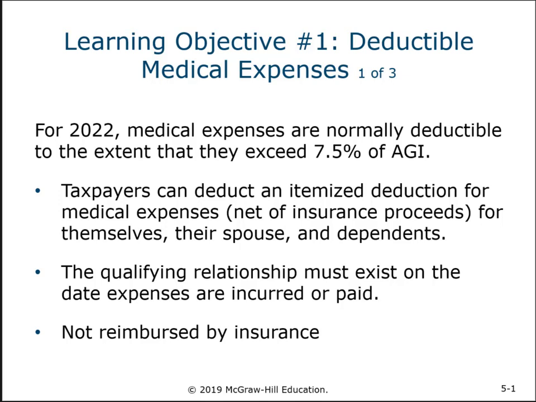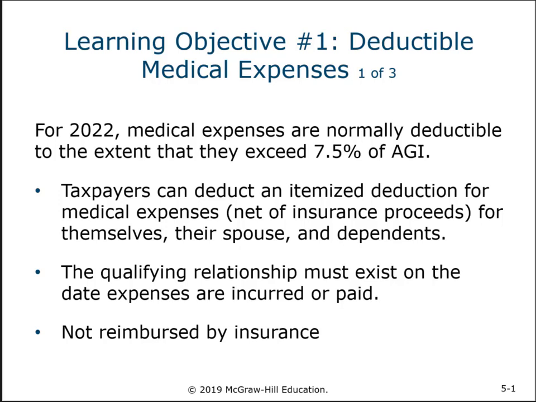So these itemized deductions are deductible, but they only have a tax benefit if they exceed the standard deduction. We're going to roughly go in the order that they show up on the Schedule A. Each one of them has some limitations.